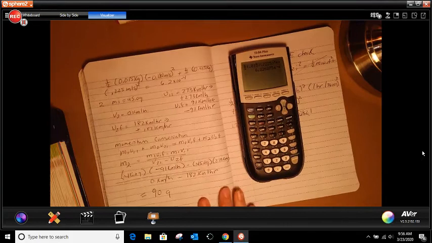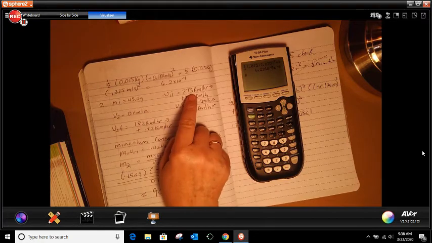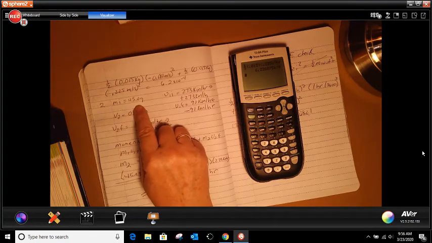So then number 2 says, suppose speed as high as 273 kilometers per hour, that's my velocity initial, was recorded for a golf ball. Suppose a golf ball whose mass is 45 grams is moving to the right at 273 kilometers per hour and strikes another ball at rest.